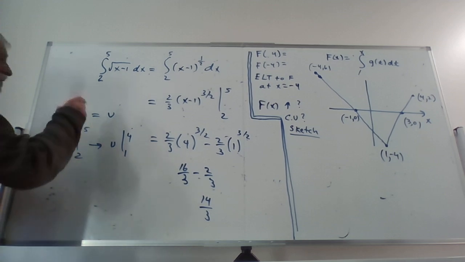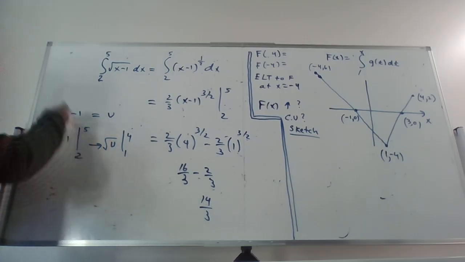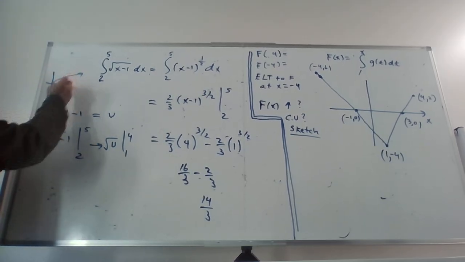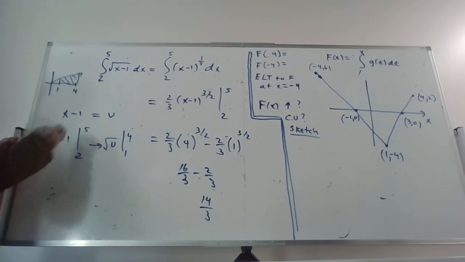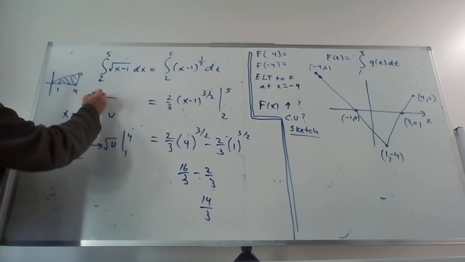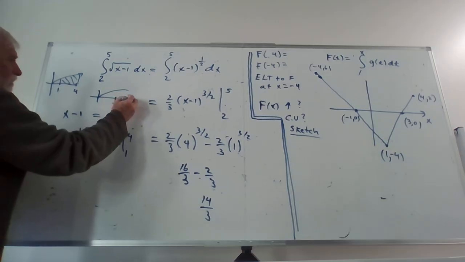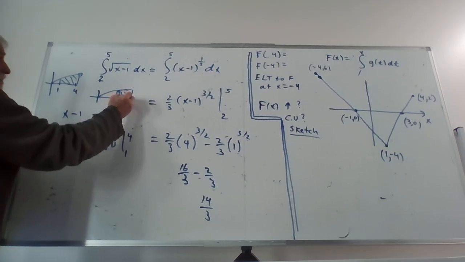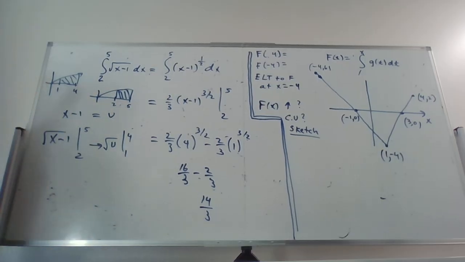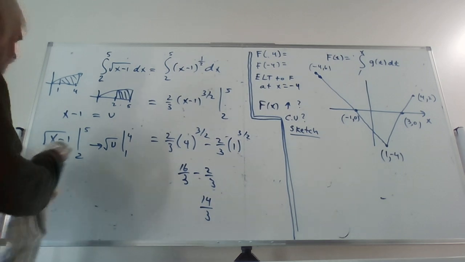This is going to fit inside a square root, so I really have the square root of x from 1 to 4, and I'm going to look at that area. Is that the same thing as the square root of x from 2 to 5? Should be.